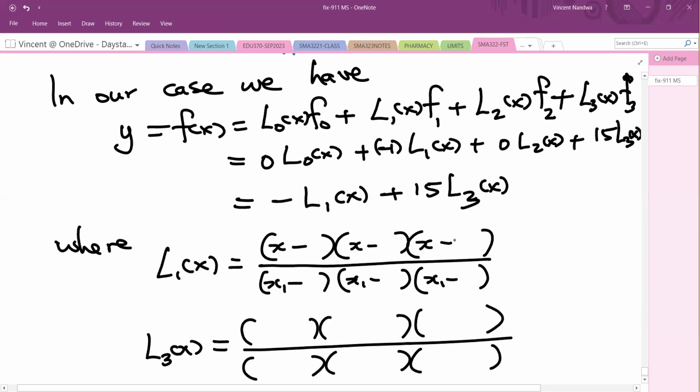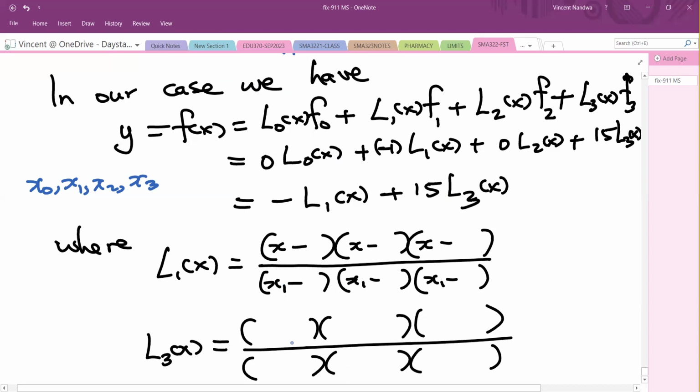Is that okay? Yes. Good. Remember, we are only dealing with 4 numbers: there's an x0, an x1, an x2, and an x3. When your starting value in the denominator is x1, you cannot put x1 minus x1. So to define L1 of x, you are not going to subtract x1 in any bracket, because if you do, you'll be introducing a 0 in the denominator.